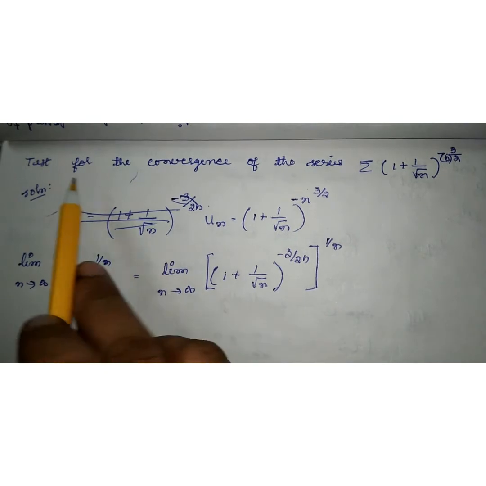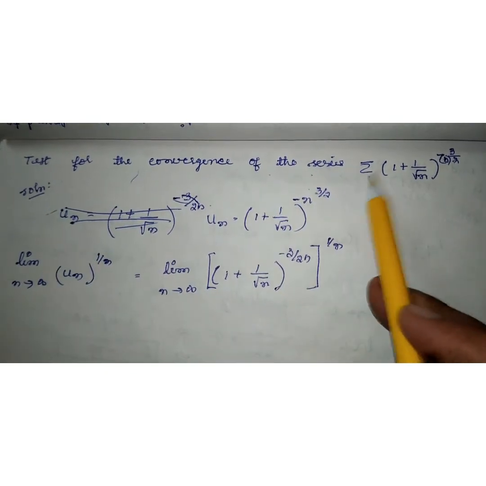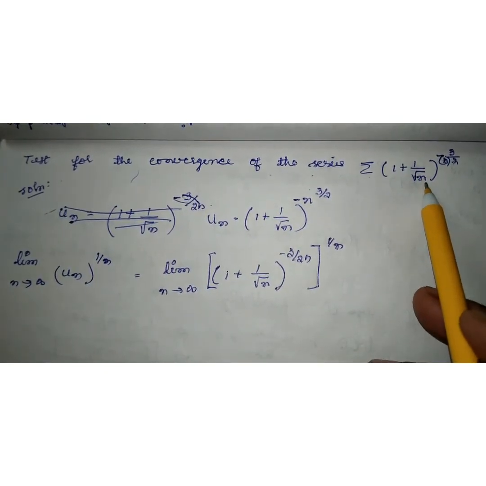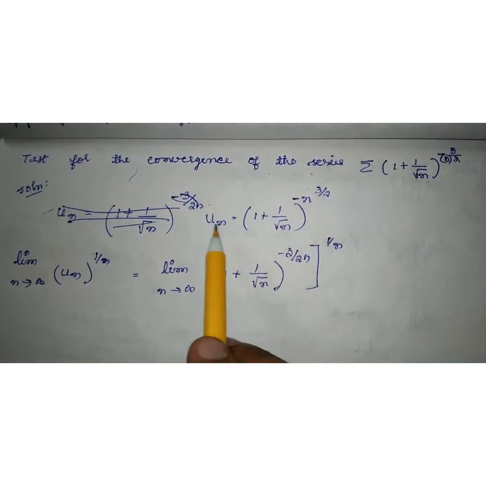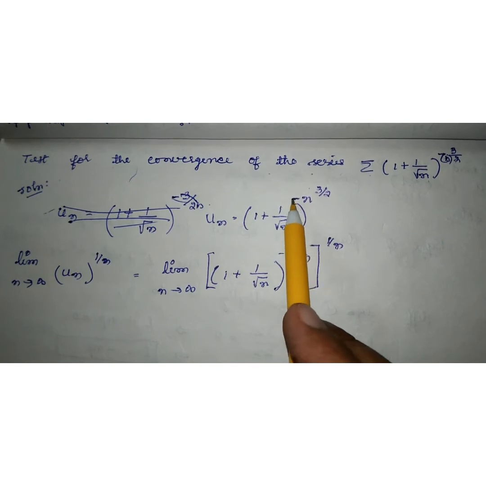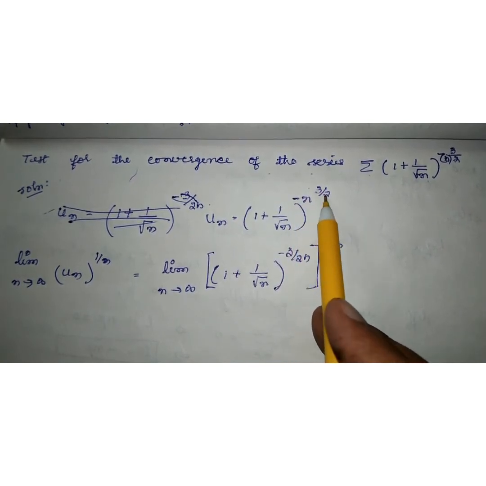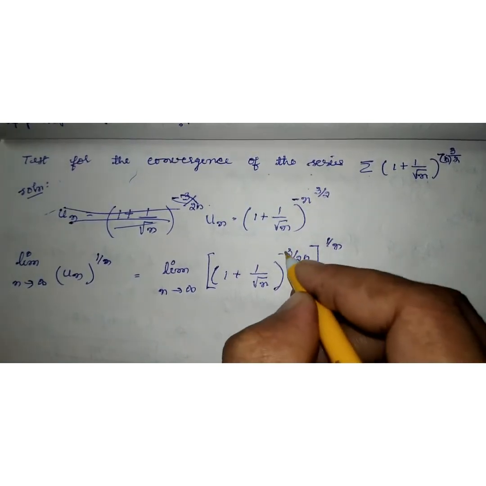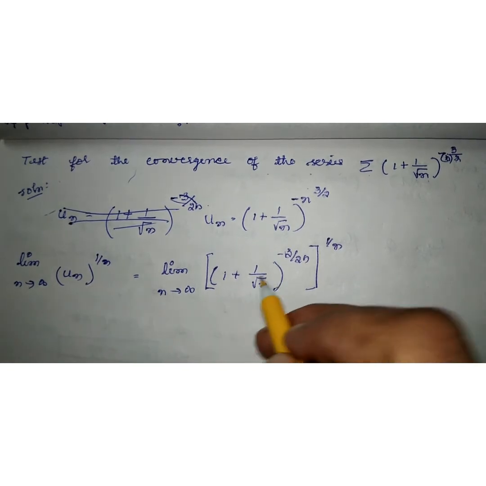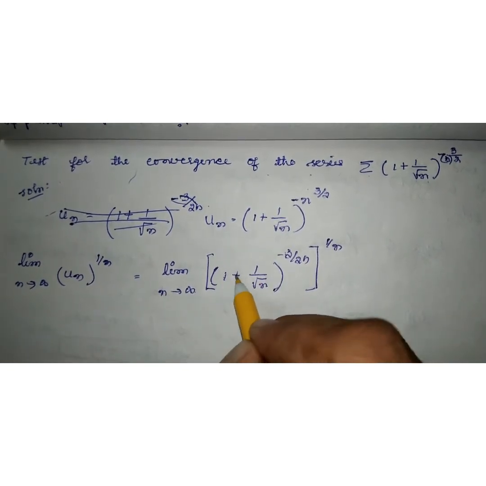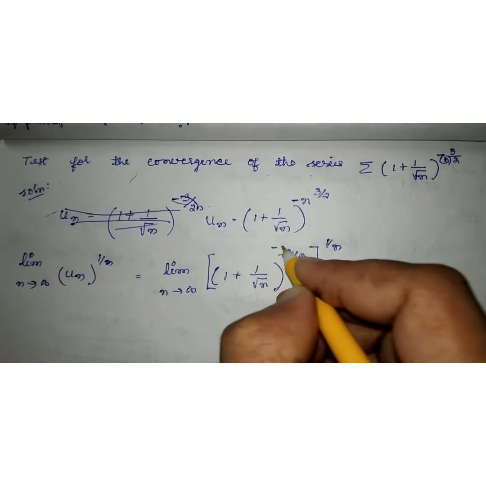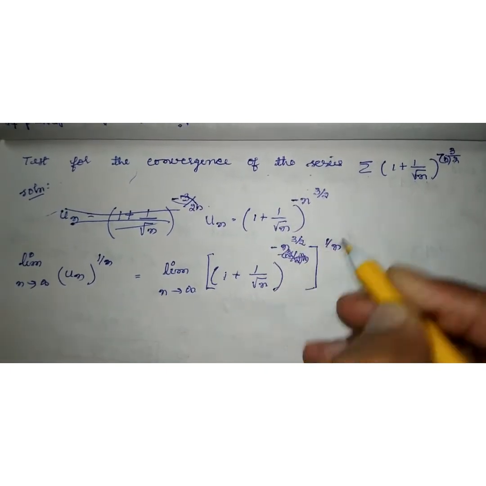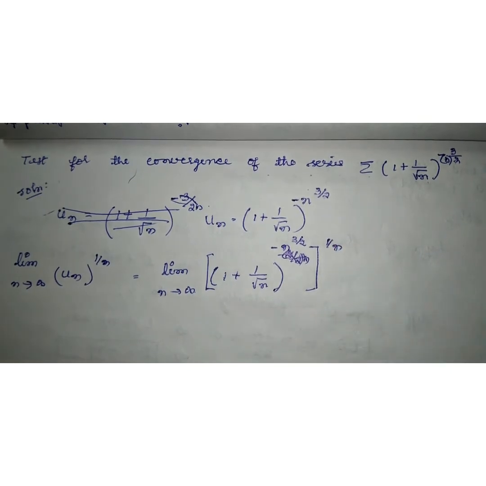We have a problem here. Test for the convergence of the series summation 1 plus 1 by root n, to the power minus n to the power 3 by 2. So un is 1 plus 1 by root n, whole to the power minus n to the power 3 by 2. Using Cauchy's root test, it is limit n tends to infinity 1 plus 1 by root n, to the power minus n to the power 3 by 2, whole to the power 1 by n.